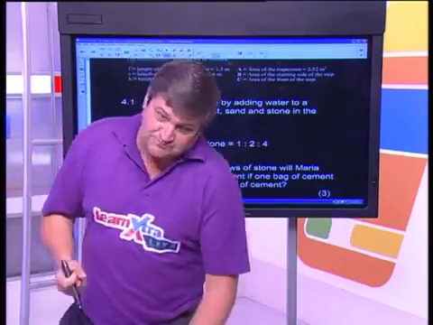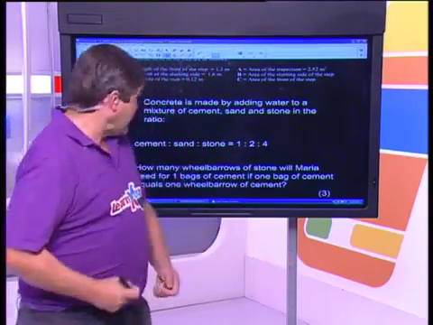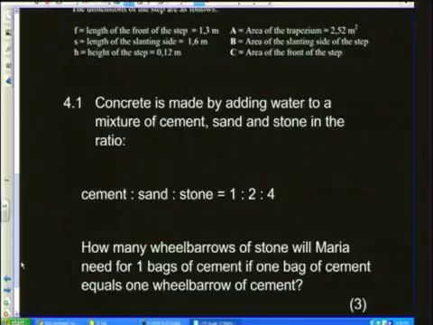If I use 1 spade of cement, I'm going to need 2 spades of sand and 4 spades of stone. If I use a bucket of cement, I'm going to need 2 buckets of sand and 4 buckets of stone. If I use a wheelbarrow, I'll use 1 wheelbarrow of cement, 2 wheelbarrows of sand, and 4 wheelbarrows of stone.